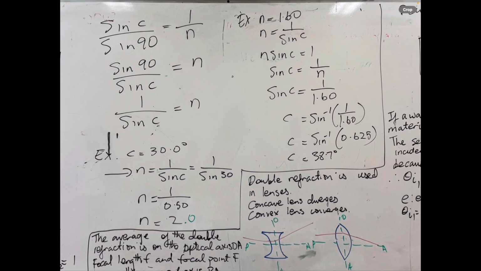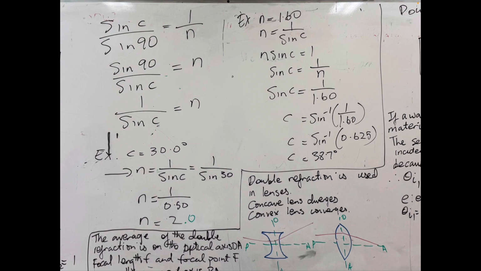If we have a refractive index of N equal to 1.6, and we want to find C, we will rearrange it to get N sine C is equal to 1. Sine C is therefore equal to 1 over N. Sine C is equal to 1 over 1.60.